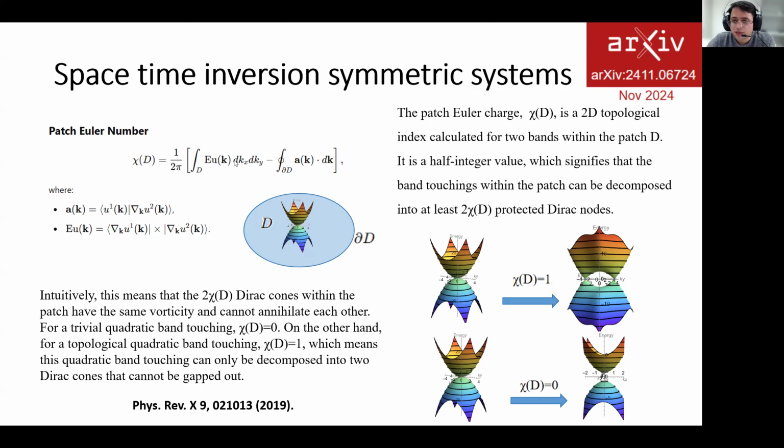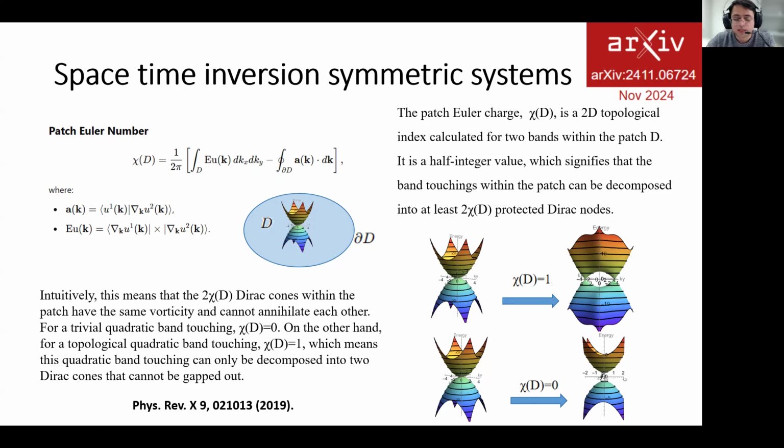Because we can make the energy spectrum a real function of the momenta, we can calculate a topological charge called the patch Euler number. It is calculated from the integration of Euler curvature and some correction due to the boundary.